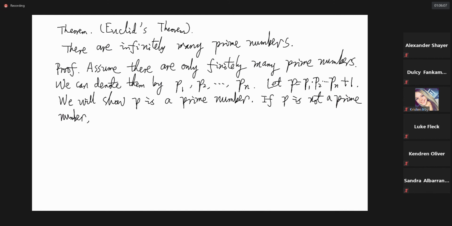Every composite number has a prime factor. So if P is composite, then by our lemma, P has a prime divisor.